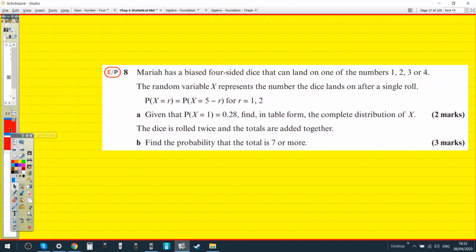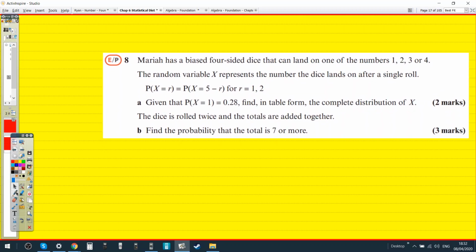Okay, how about this tricky thing? So the probability of it being 1 and 2 is 5 minus r.